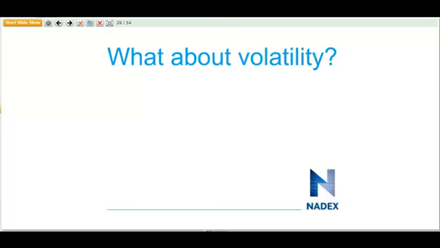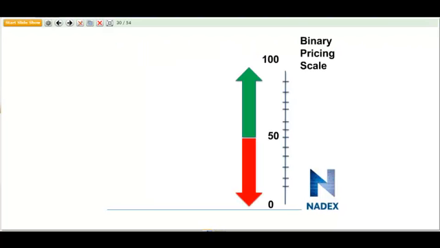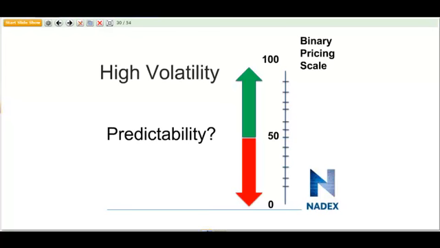So what about volatility? Okay, so high volatility, low volatility. How is that affecting the pricing? Okay? So again, here's a scale. Now if you think about it, high volatility, no one really knows, is it predictable?